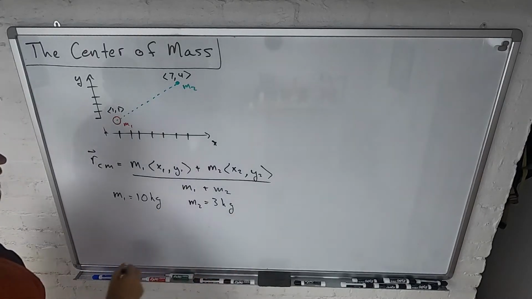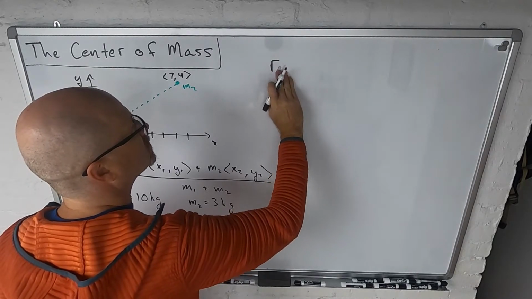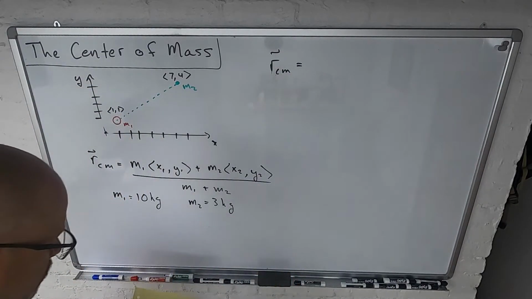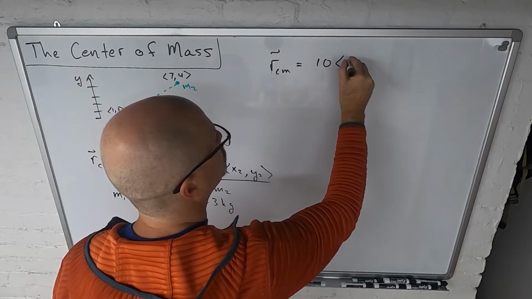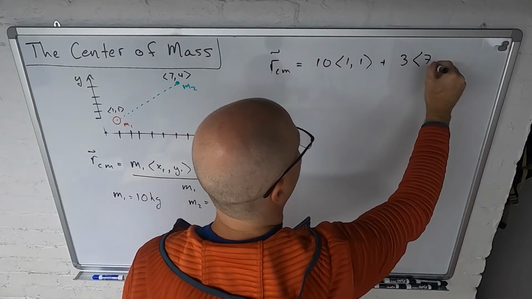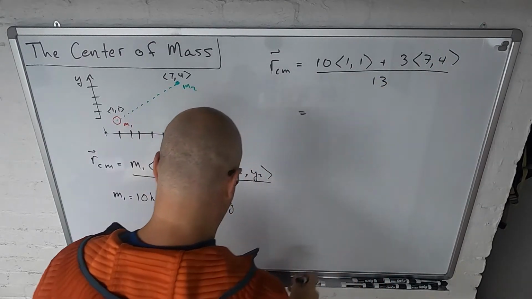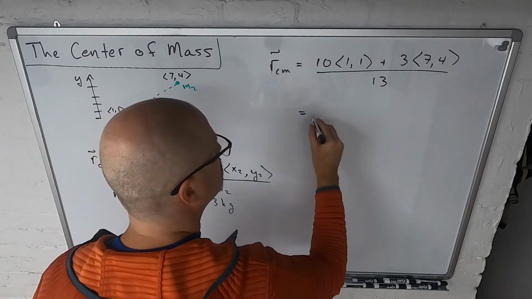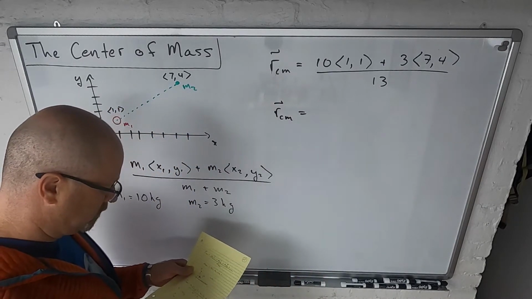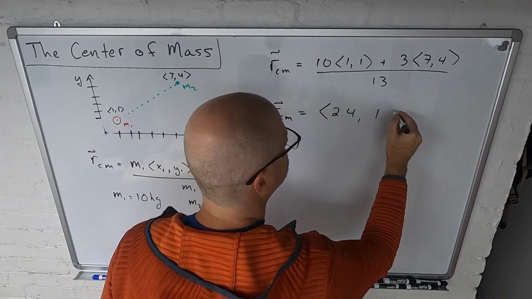And so using these values, I can very quickly find that the center of mass vector is going to be equal to, well, 10 times 1, 1, plus 3 times 7, 4, divided by 13, which should in the end be equal to our center of mass, which is equal to 2.4, comma, 1.7.